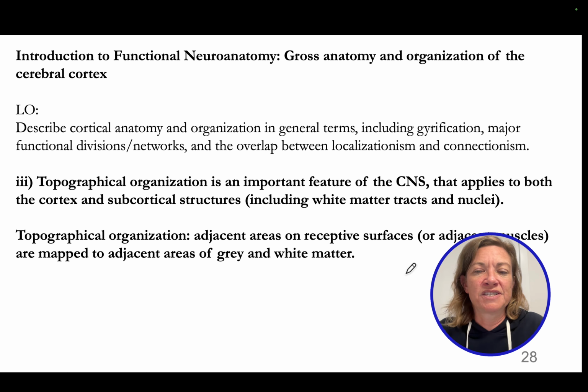You can have this for somatotopy, so different surfaces of the skin mapped to spatially related surfaces of brain. You can have retinotopy, audiotopy, and so on. All of those are examples of topographical organization.